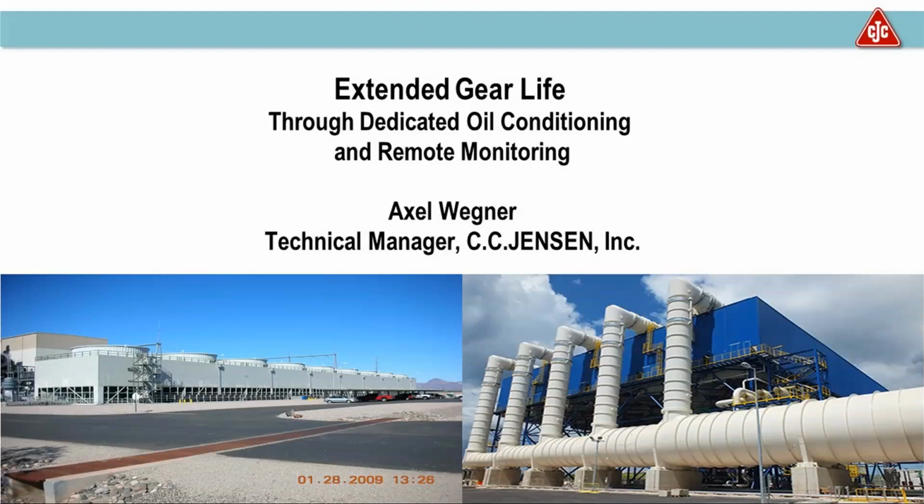But we are working on a smaller version of this filter, and I think we can probably bring this down in cost to less than $2,000 a piece. The wet cell cooling tower fan gears run anywhere between 3,000 and 3,500.